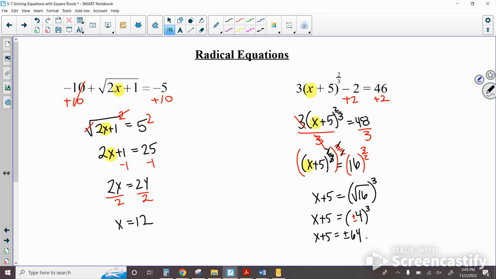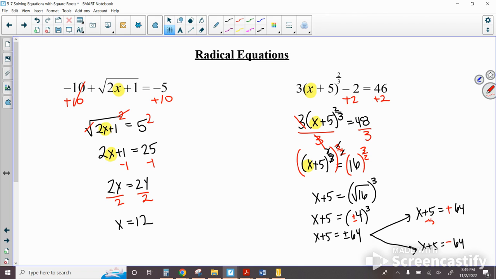Because of this plus or minus, we have two different equations. The first is x plus 5 equals the positive 64, and the other is x plus 5 equals the negative 64. So when you see that plus or minus, it gives you two different answers.